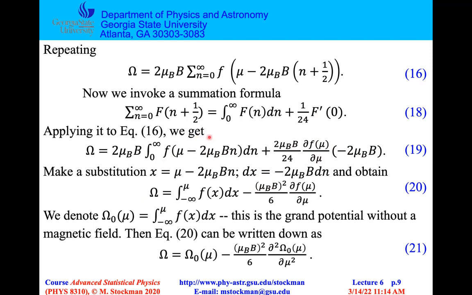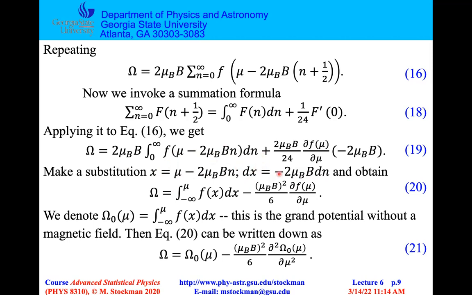In the first term, I make a substitution. I substitute the argument of this function and call it x. So x is mu minus 2 mu bb n. Then dx is 2 mu bb dn. So 2 mu bb dn is absorbed as a dx.